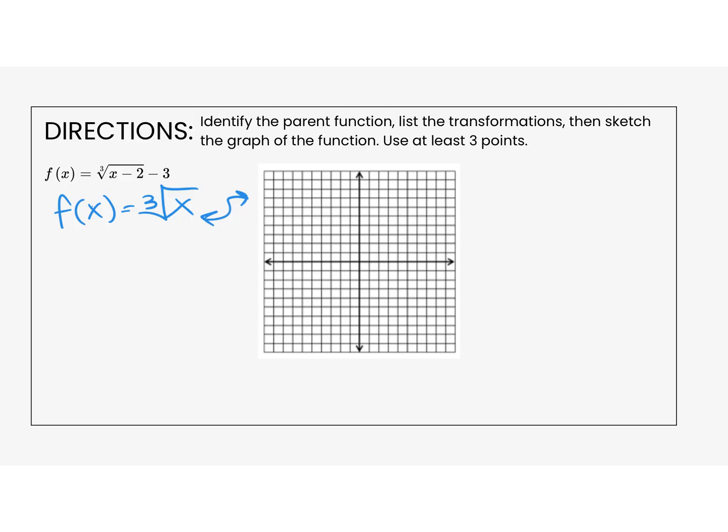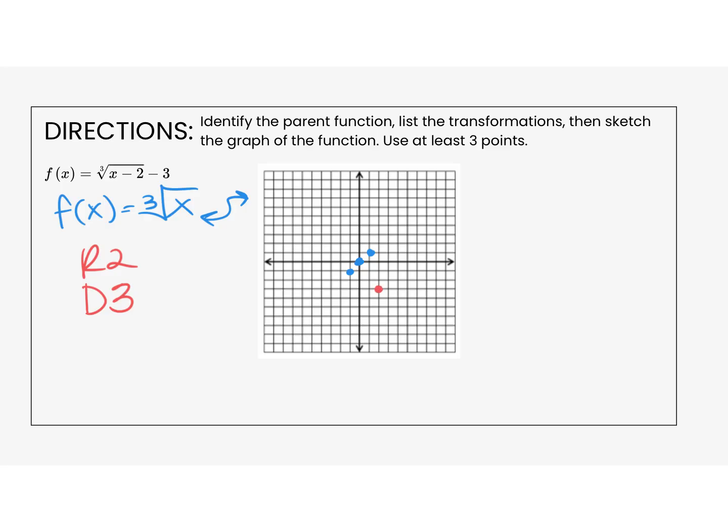My transformations are right 2 and down 3. So in blue here, I'm just going to graph the points that are my parent function, which would be -1, 0, 0, and 1, 1. And then in red, I'm going to graph my actual function with its transformations. So each point I'm going to take to the right 2 and down 3.